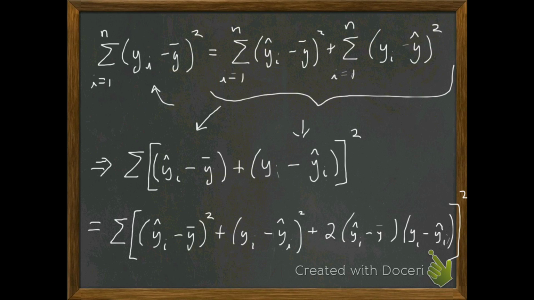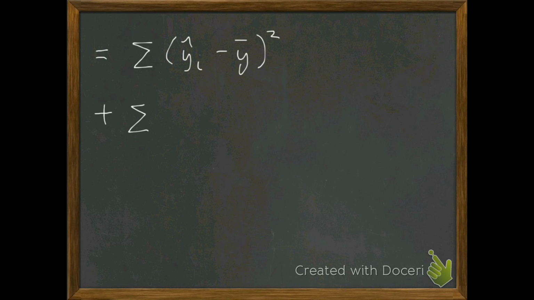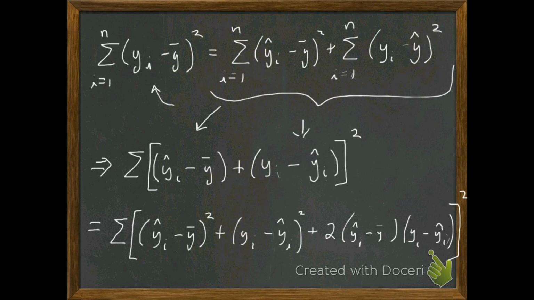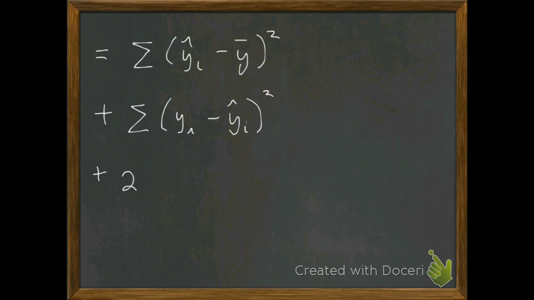So first of all, I would look at the sum of y i's minus y bars squared, right? And then I'm going to look at the sum of my y sub i's minus y hats squared. And then obviously I can pull the 2 out, and then it's just the sum of, okay.